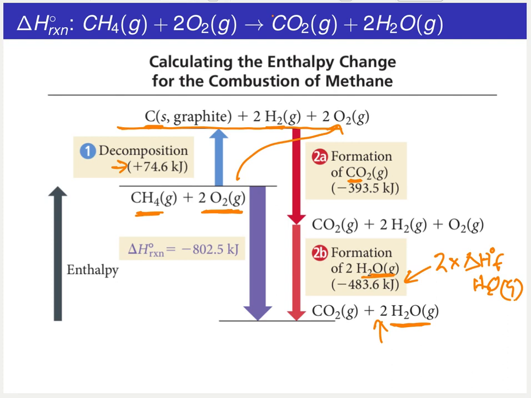So we can see that we've started off with reactants, broken them apart into individual elements in their most stable form, and then built up our products. And we know from this table all these delta H's associated with the formation, or in the case of reactants, decomposition, and as a result we can add and subtract all these terms as needed and come up with an overall delta H of reaction.